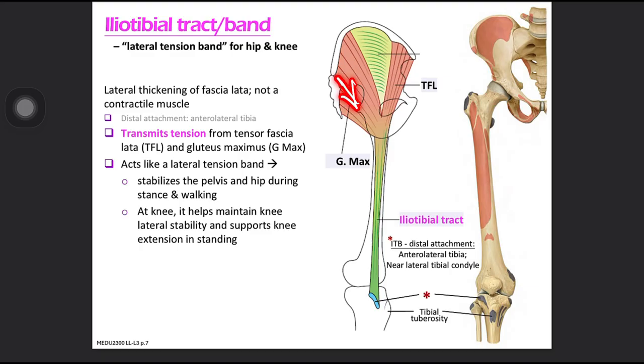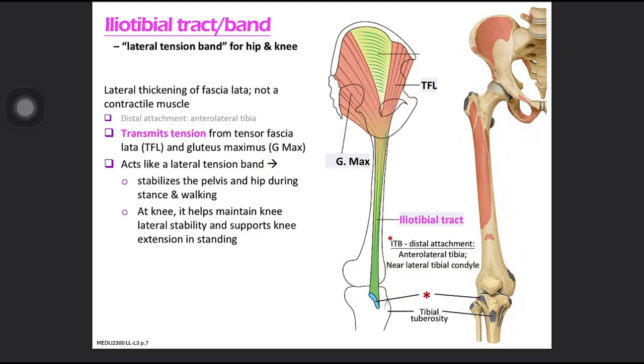If these muscles contract, both of them contract, then this tract will be tightened. And when this iliotibial tract tightens, it helps to further stabilize the knee when it is in extension.